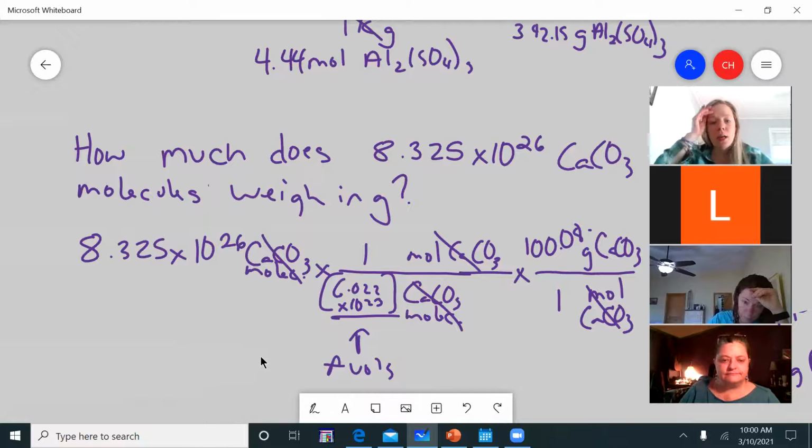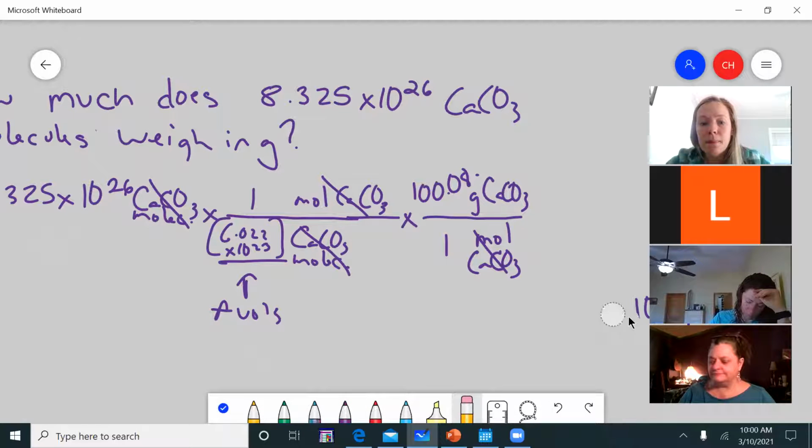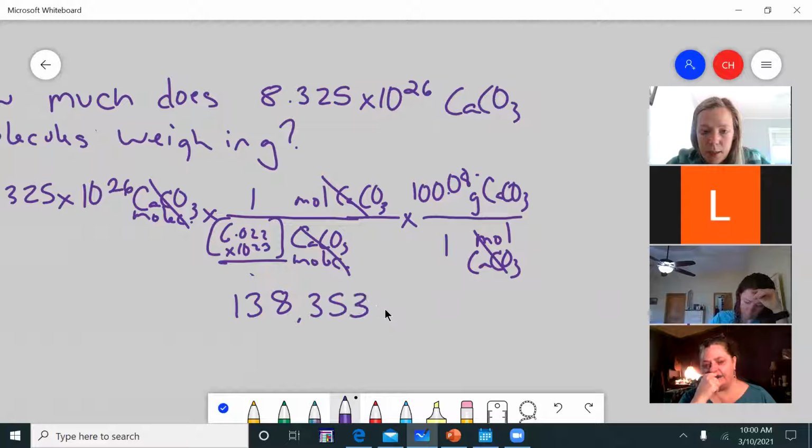So we actually got a pretty decent number here, size-wise. When I ran this through my calculator, I got 138,353 grams of CaCO3.